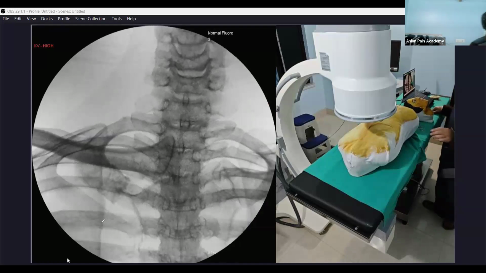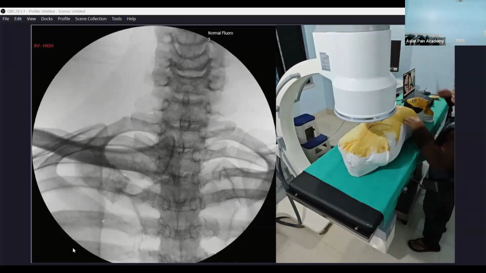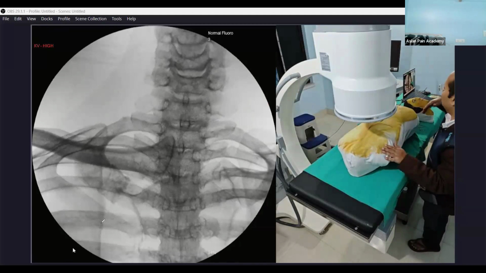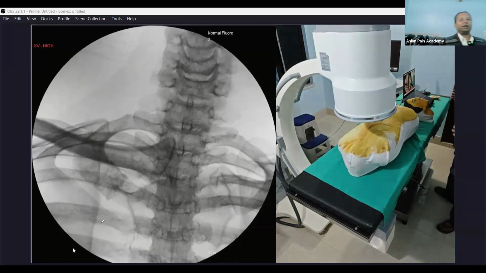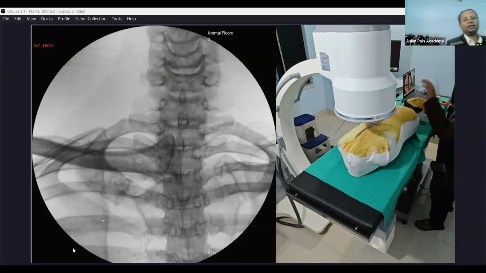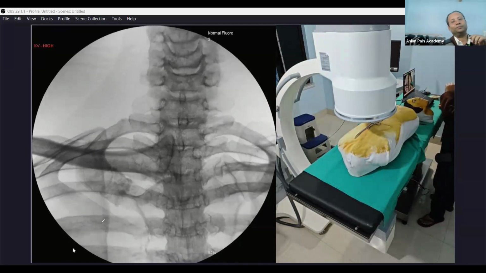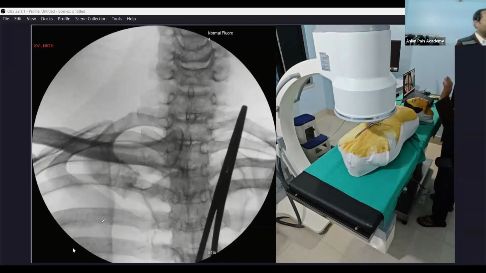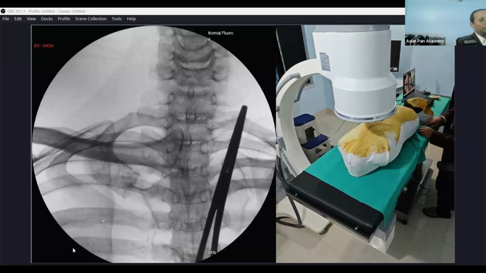So this is cranial, this is caudal, this side is right, this side is left. Every time before starting, I always check the level and which side is right and which is left. Let me check that right is right. Okay.